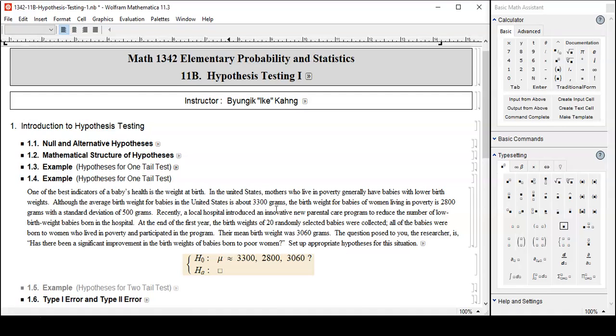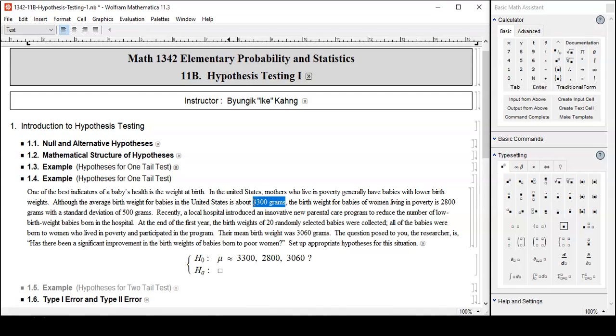Mu can be any of these three numbers. Which is it? The population mean, the total mean of all babies here that we are interested in. At first glance, it looks like 3,300 grams because it's a mean weight for all United States.